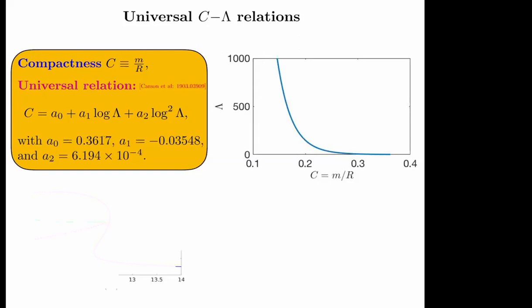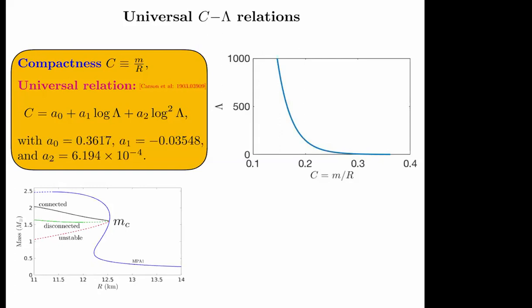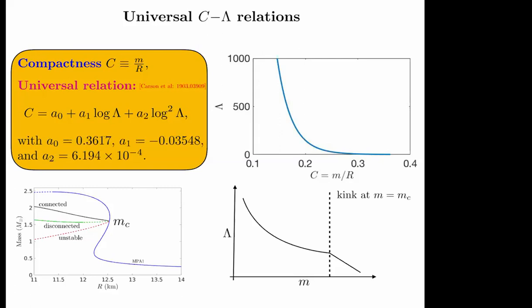Now, if we look at our MR curves that I showed you before, you should regard these, by the way, not as being precise in any sense, just caricatures of what we should expect. At the end of the day, because the stars are getting more compact, going along the quark matter branch here, this connected branch that's black, what you should expect in lambda is a kink that occurs at M equals Mc, at your critical mass.